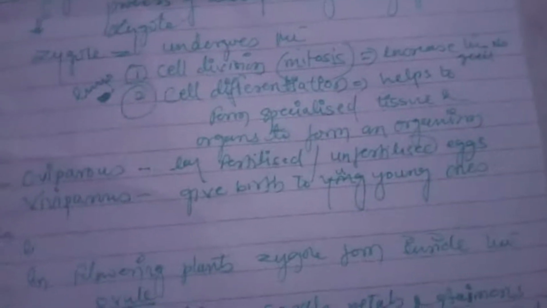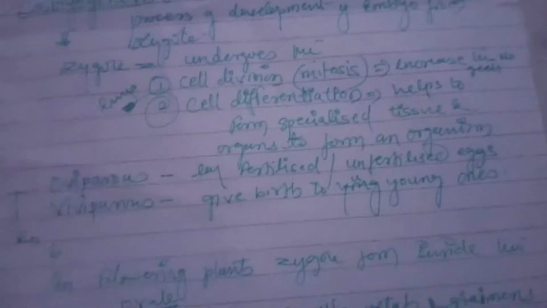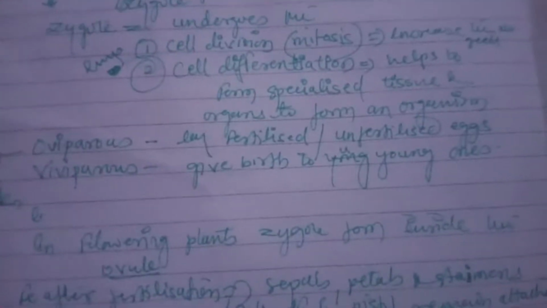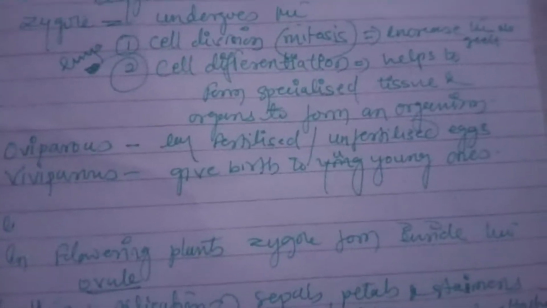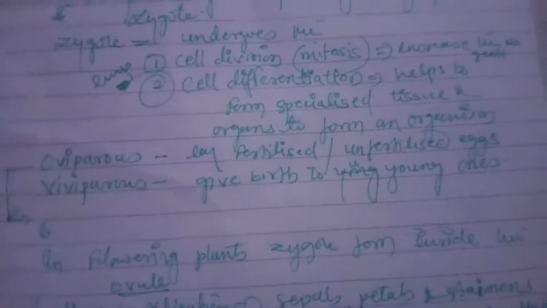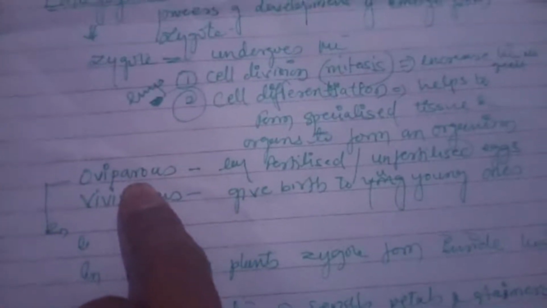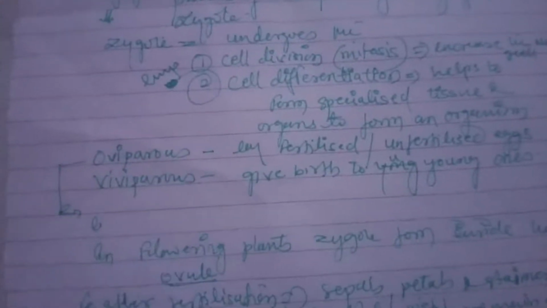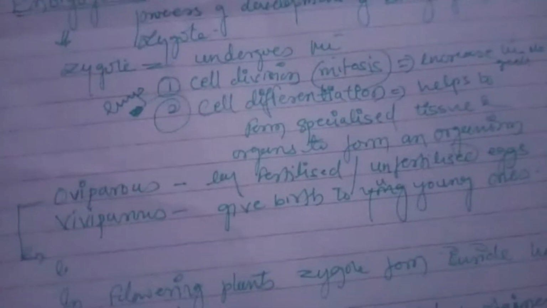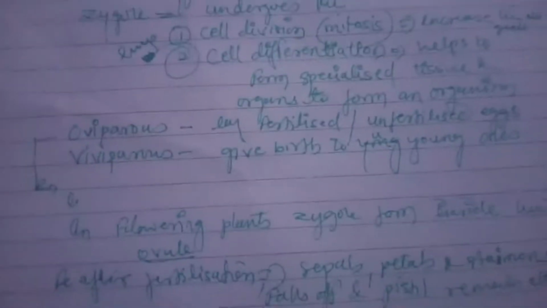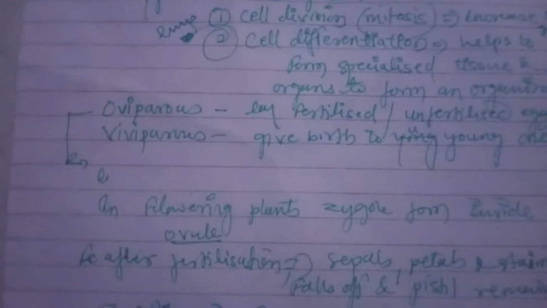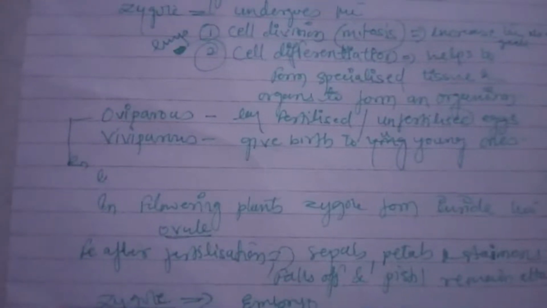For example, oviparous organisms like reptiles and birds lay fertilized eggs, which are covered by a calcareous shell. Viviparous organisms give birth to the young ones directly.